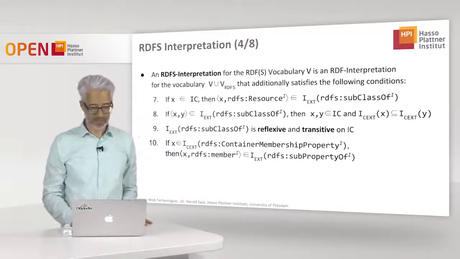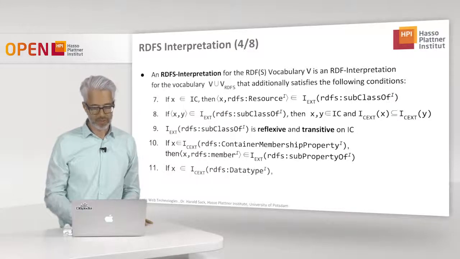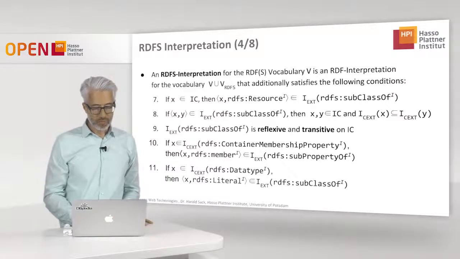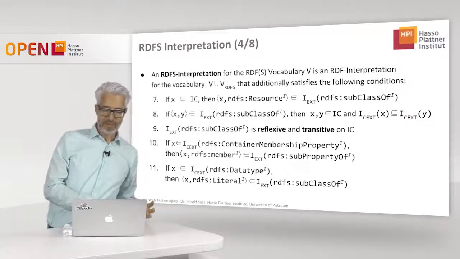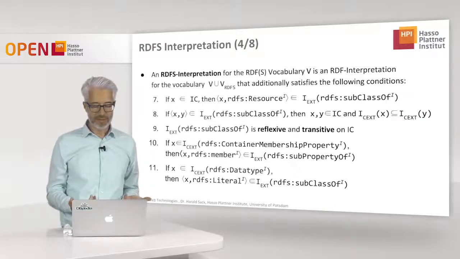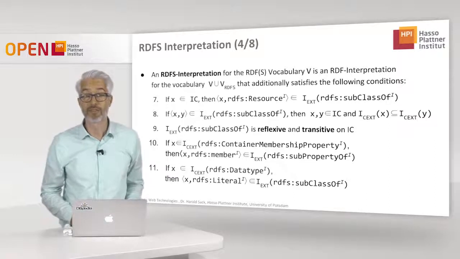So there are several. So this again gives some meaning to these container membership properties. And then the next one, if X is in the extension of the RDFS data types, then it means that X always is a subclass of RDFS literal.